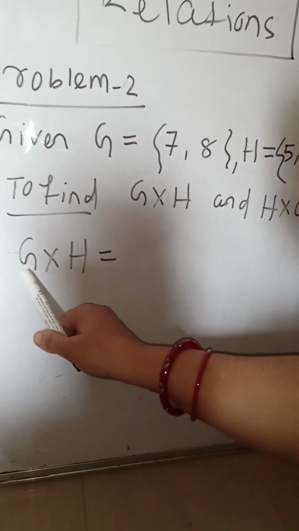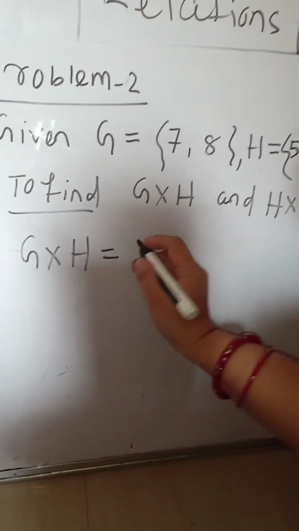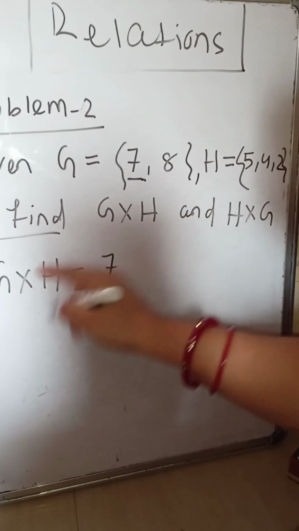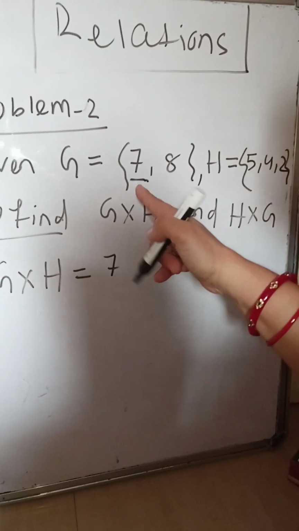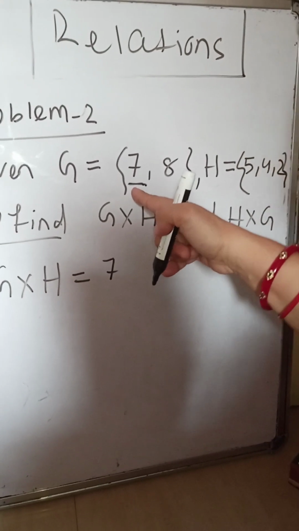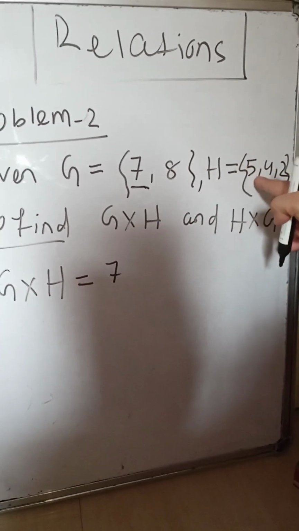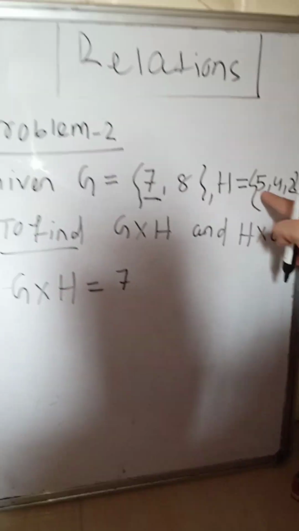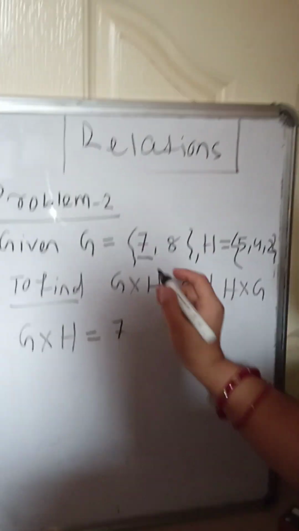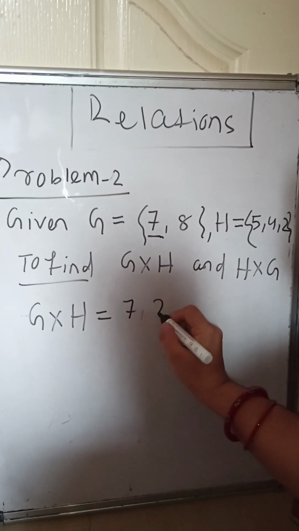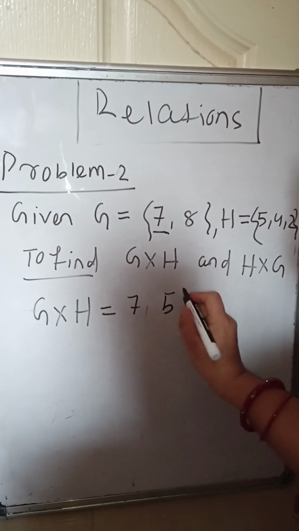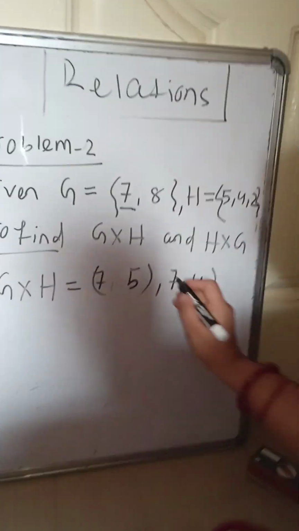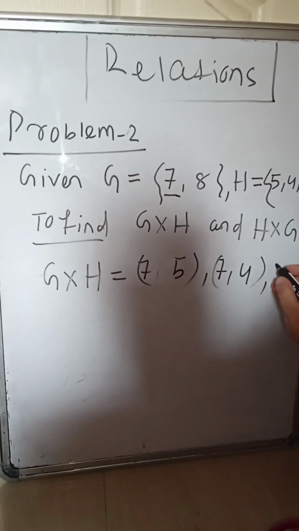So that will be first G then H. So you write here the elements, the first element of set, because G is your first set, the first element of set G is 7. Then you make ordered pairs taking the first element 7 of set G and then all the elements of set H. So it is 7, 5. Then next ordered pair 7, 4. Then 7 with 2.